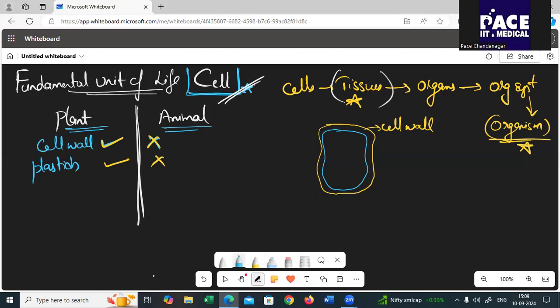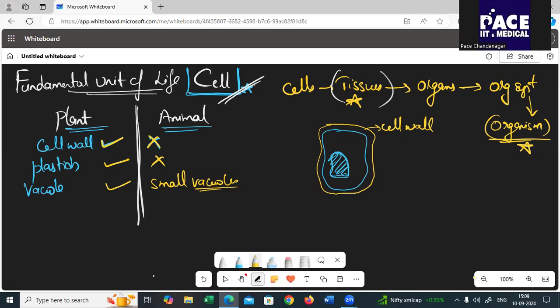When you come to the vacuoles, a vacuole is nothing but empty space. You have large empty spaces in the plant cell, whereas small vacuoles in the animal cell. A vacuole is the empty space wherein food is stored, because plants prepare their own food and they store the food in those vacuoles as well, right?